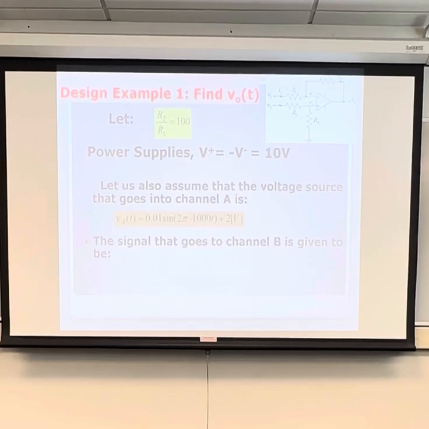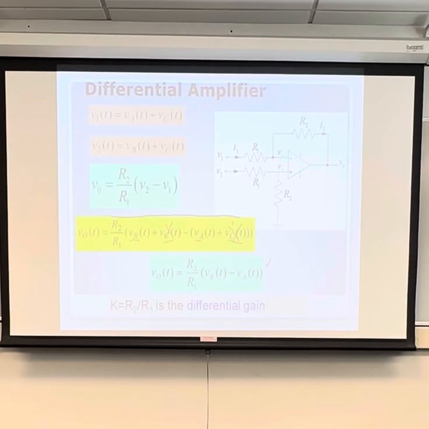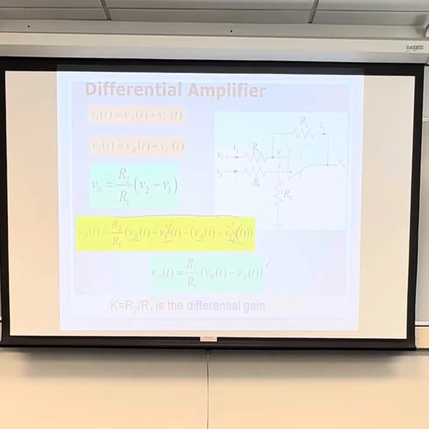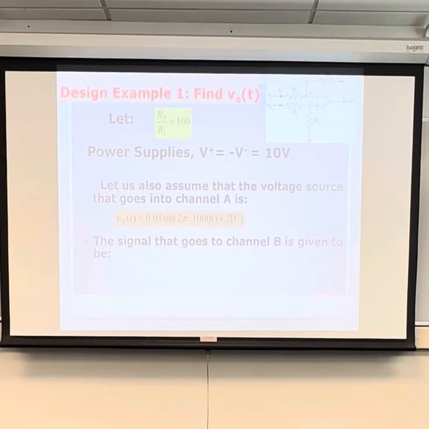Say we're basically going to attempt to design the circuit. We're going to take two resistors, R2 over R1. This is just the gain of the op-amp. So let's say we set that to 100.